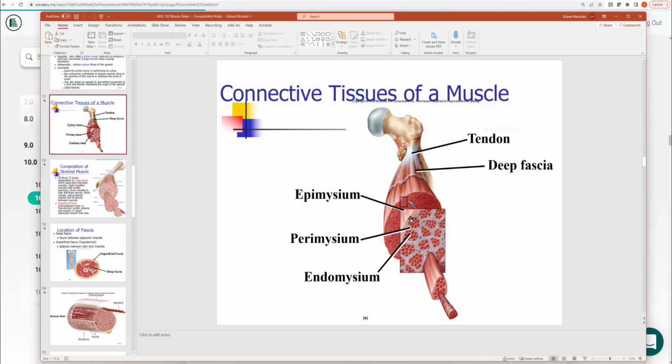Each fascicle is surrounded by perimysium, so that's sort of the periwinkle color here. And then I know that each of those structures inside the fascicle is an individual muscle cell. So here is a fascicle, and then sticking out of it is an individual muscle cell. And I know that there is endomysium surrounding each of those muscle cells.